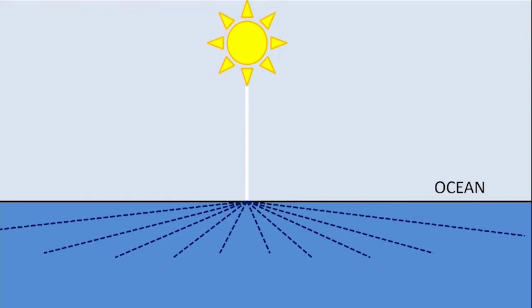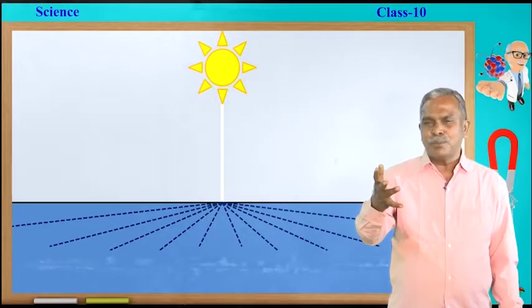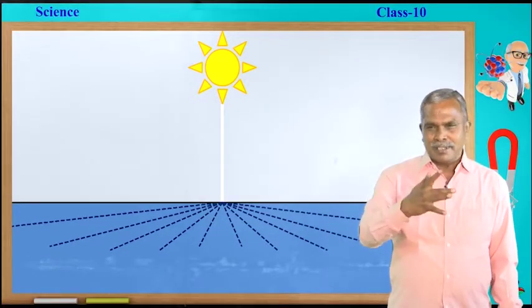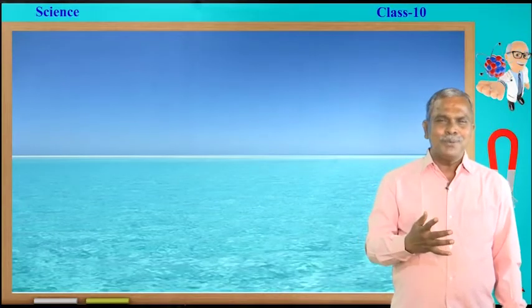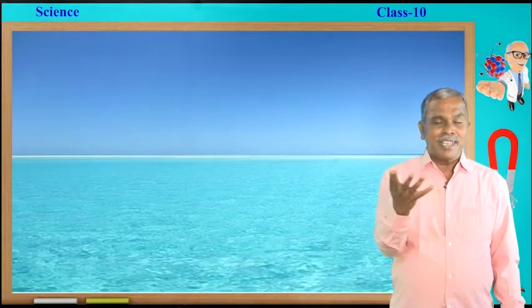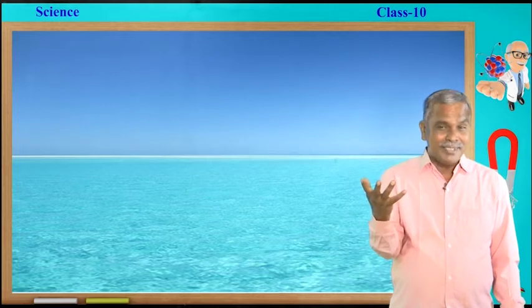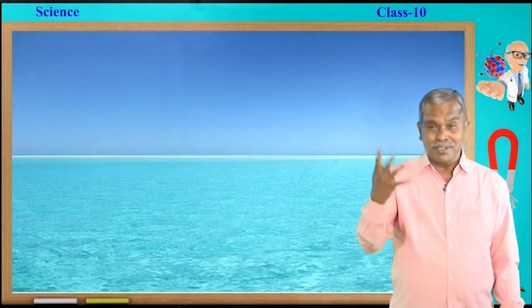That is why the ocean water also appears to be blue. The color of the sky as well as the ocean appears to be blue because of the scattering of the light through smaller particles.